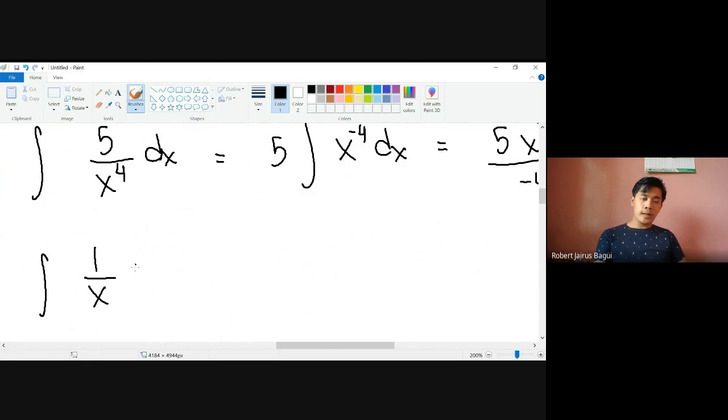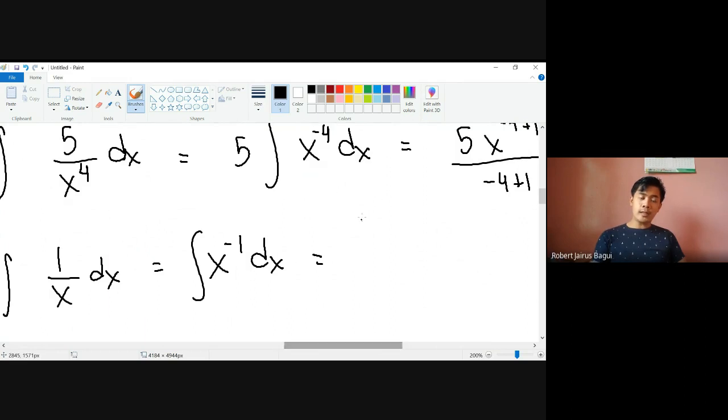So gaya nung kanina natin ginagawa, kung pakita muna, so x to the negative 1 dx. So kung same procedure ang gagamitin natin, ang mangyayari dito, x negative 1 plus 1 and negative 1 plus 1.